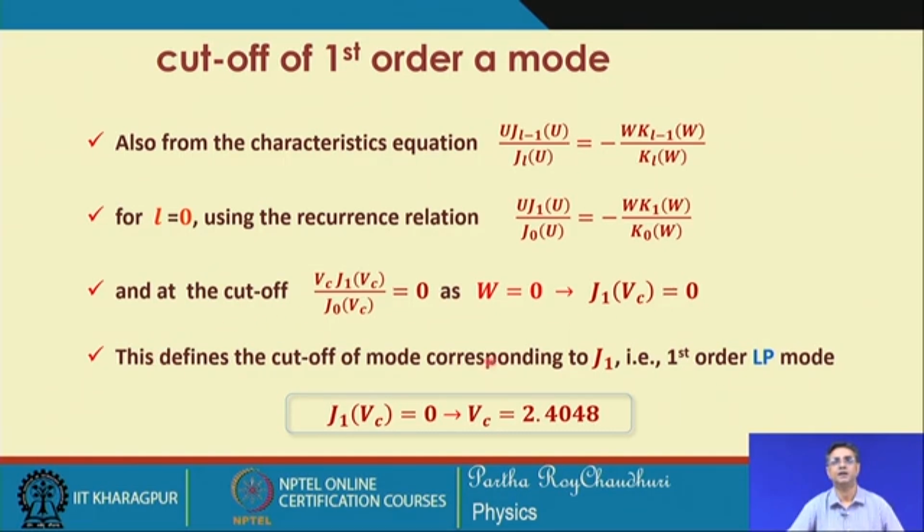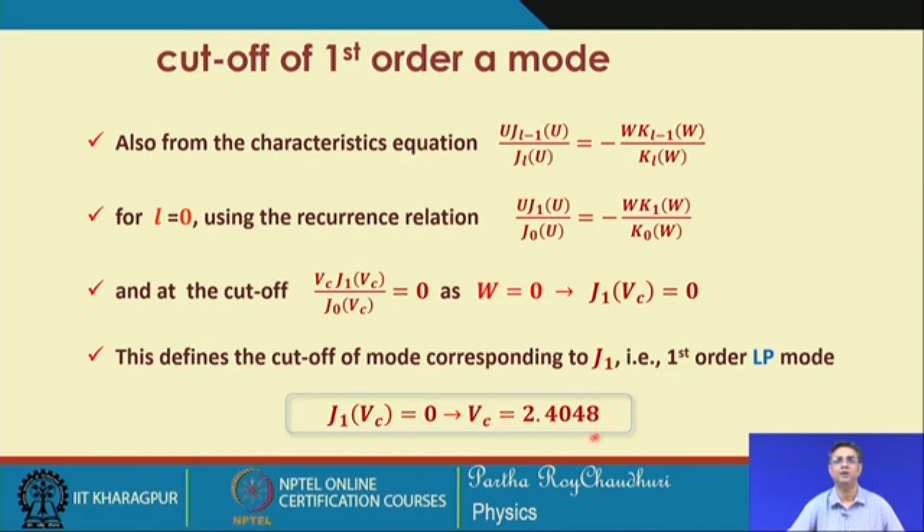So, this defines the cutoff of the mode corresponding to the first order LP mode, LP 11. The mode will be cut off for the value of V c coming from this condition. But j 1 of V c is equal to 0 when V c is equal to this value, that is, the V cutoff value is equal to this.